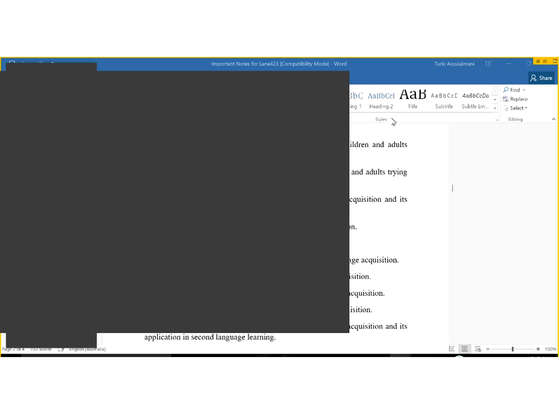Now we need to move to line 10, I think. 1, 2, 3, 4, 5, 6, 7, 8, 9, 10, 11. At the end of line 11 in the same paragraph on page 34, contrastive analysis hypothesis. This was also a result of behaviorism theory.